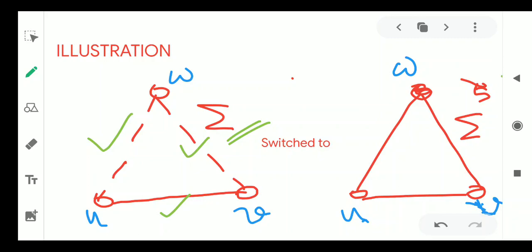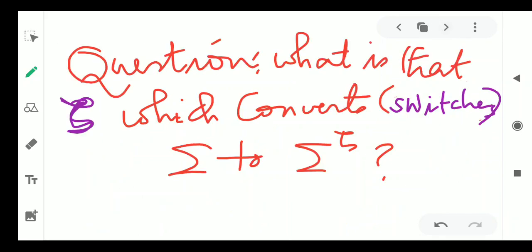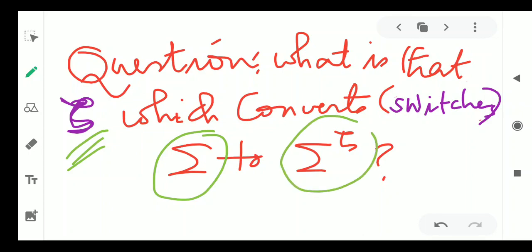You see here in the switched graph all the edges are positive. The natural question is, what is that switching function zeta which converts the given sigma to sigma zeta?